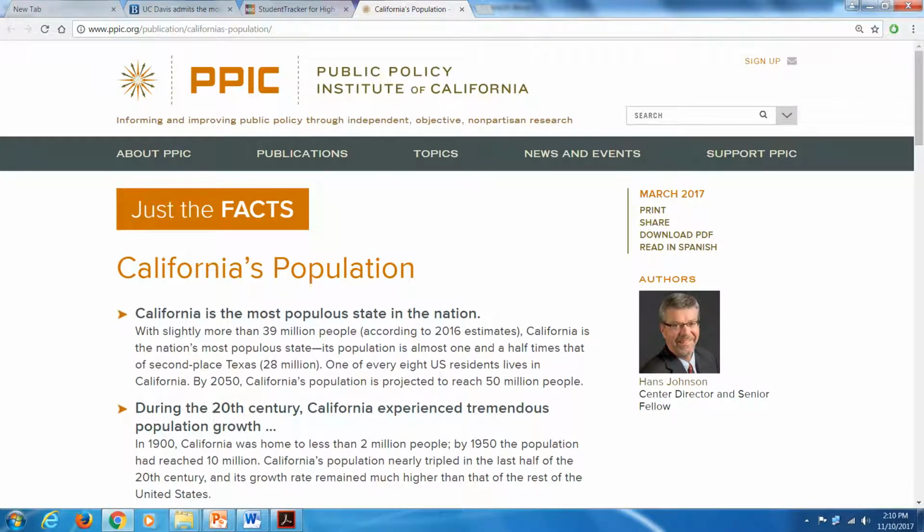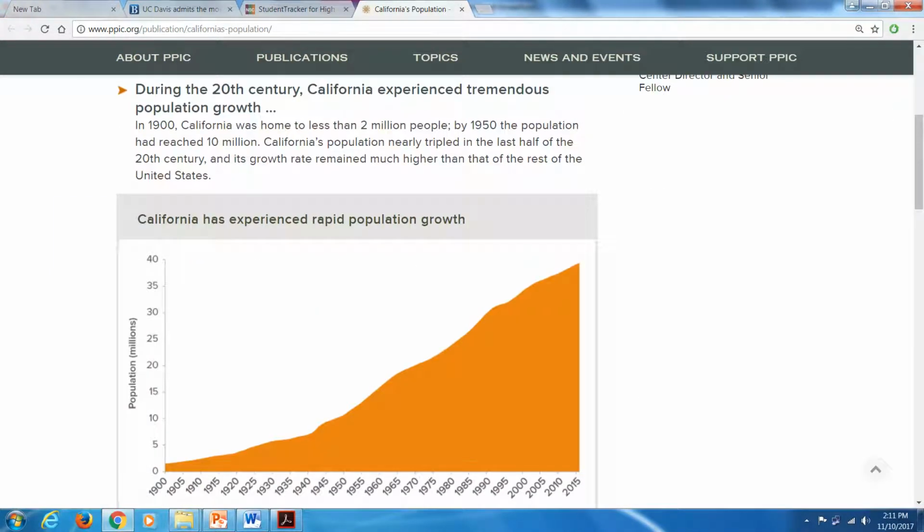Another website, the California Public Policy Institute, has similar numbers: 39 million according to 2016 estimates, and by 2050 California population is projected to reach 50 million. And some stats: in 1900 California population was 2 million, in 1950 it was 10 million, and in the last half of the 20th century it went up to 30 million.